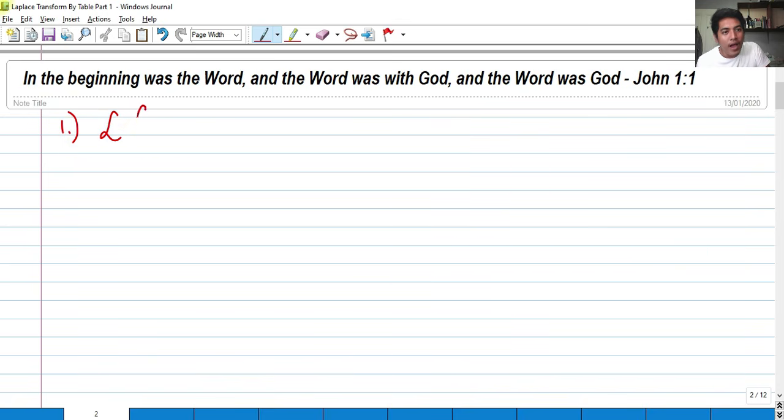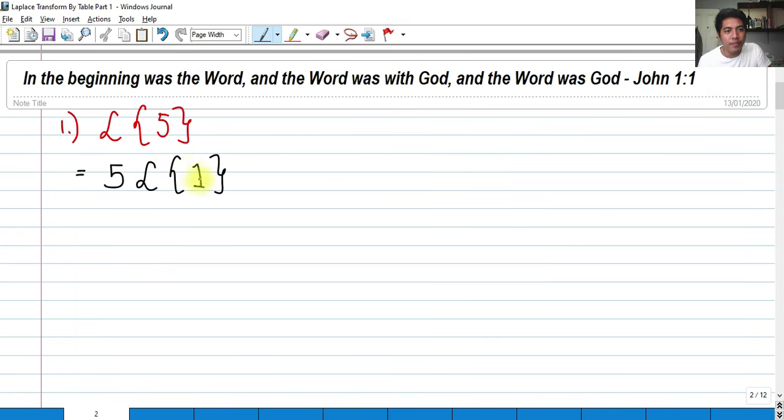For example, I have an f of t: find the Laplace transform of 5. In order to find the Laplace transform of this, I know that one property of the Laplace transform is that we can factor out any constant outside the Laplace transform.